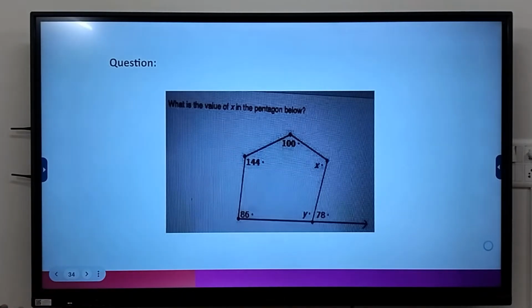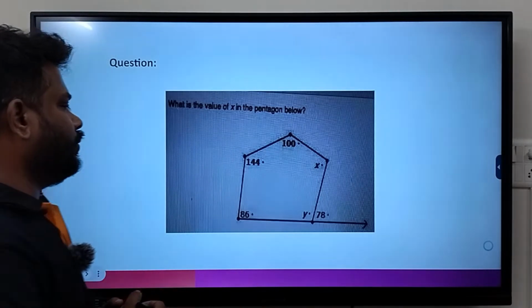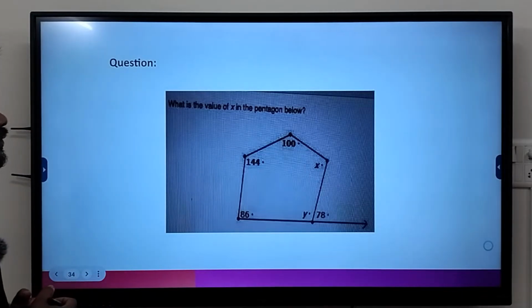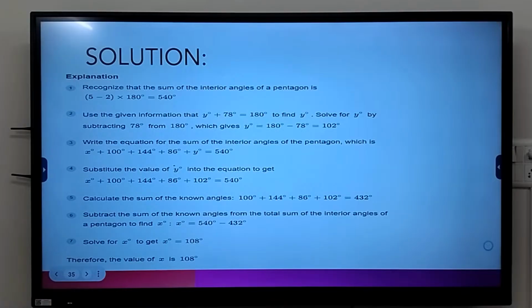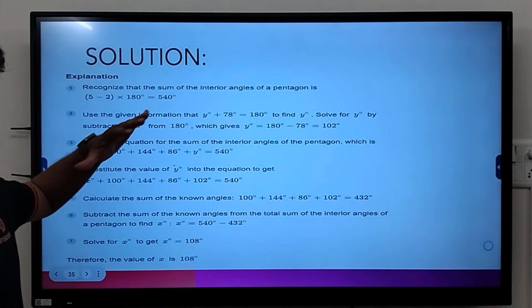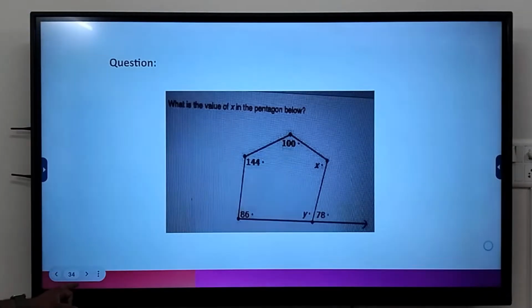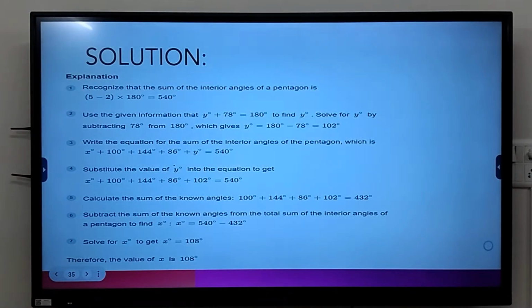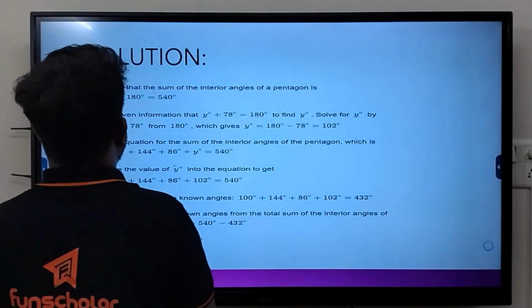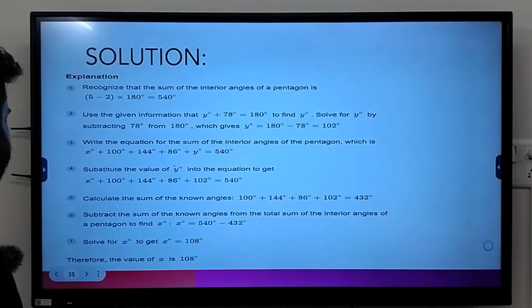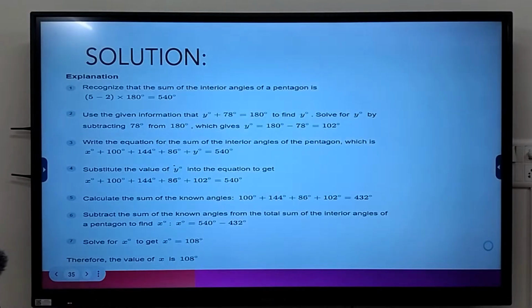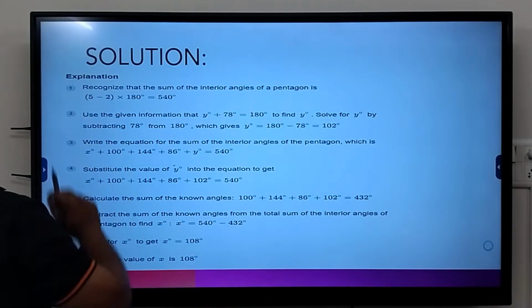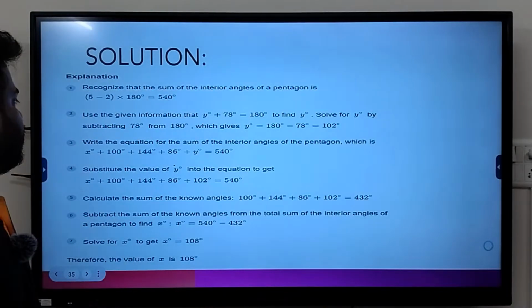What is the value of x in the pentagon below? They just want to know the value of x. The explanation of this one will be very big. Recognize the sum of the interior angles of a polygon. This is a pentagon, so the sum of the interior angles will be (n minus 2) into 180 degrees, which is 540.